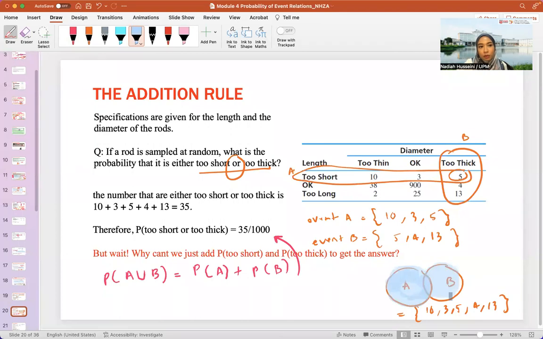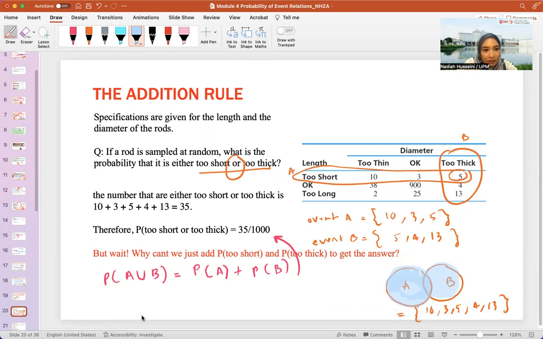No. Why not? Because there's a double in there. You have a duplicate in there. Who was that?